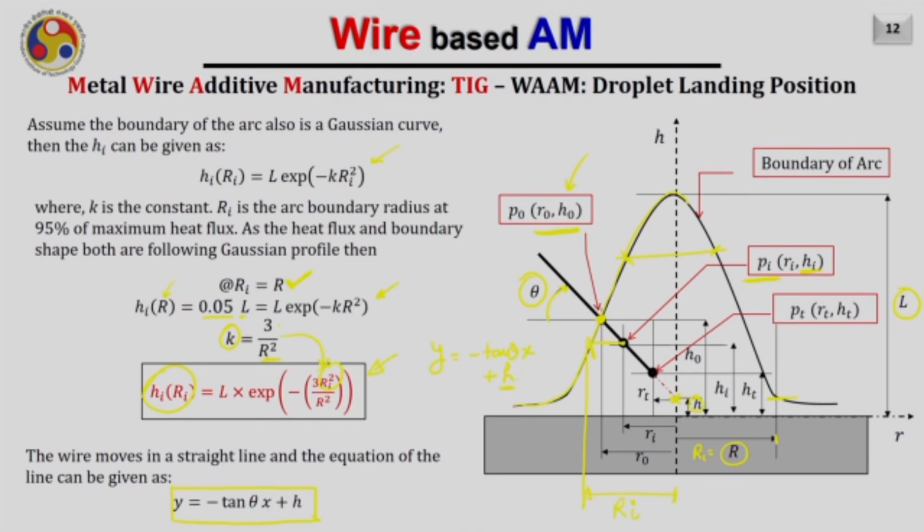Okay, so this is the equation for my wire entering into the arc. The two things I need to know are the angle at which the wire is entering and the offset, or the distance from the substrate at which it meets the center line or the axis of the electrode or the center line of the arc.